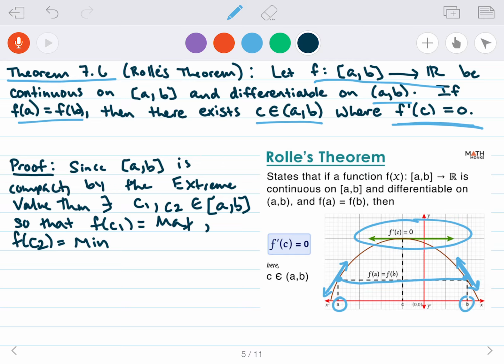So that's just what it means to achieve its max and min values on the compact interval.